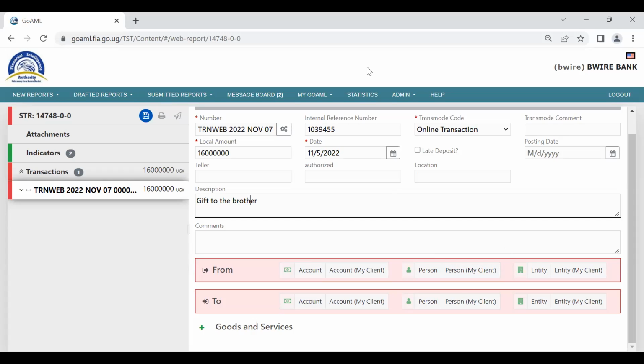So is this an STR? Because an STR is normally where it is understood that the customer is trying to do something wrong, like money laundering or some wrong financing. But in this case, the customer is a victim of an online fraud, saying that he has received a lottery and some courier has to be sent.